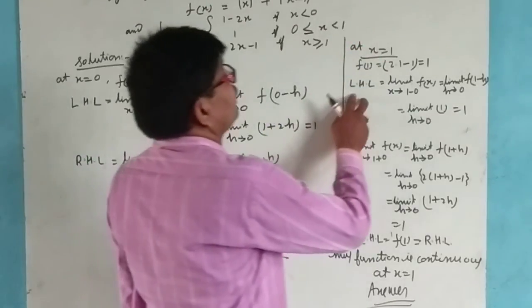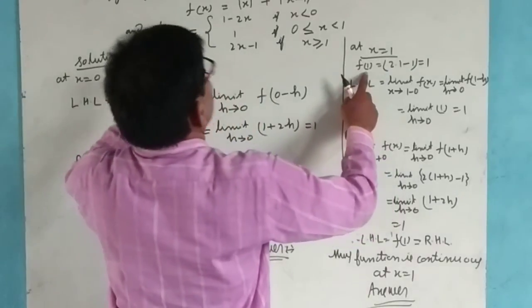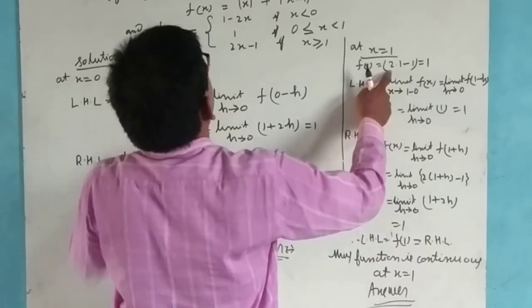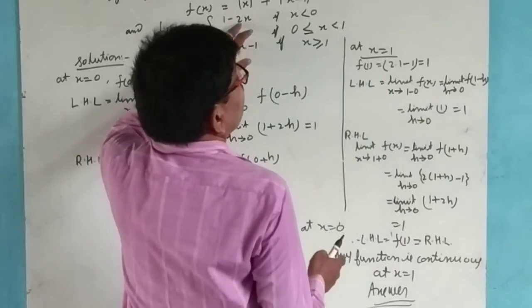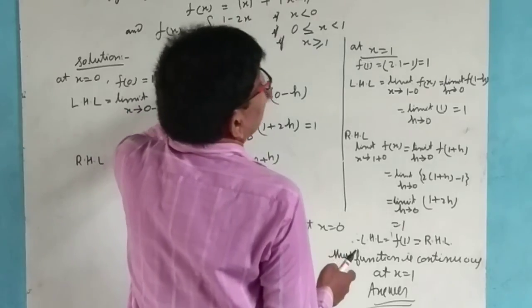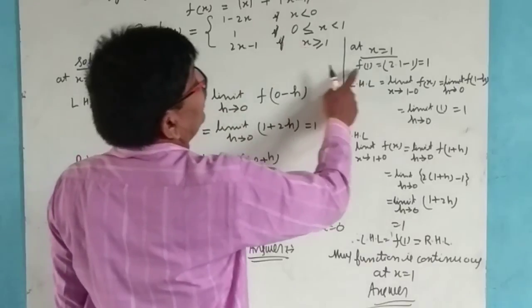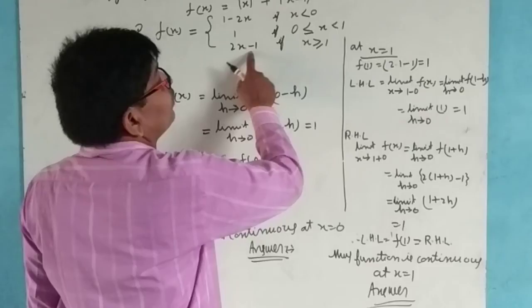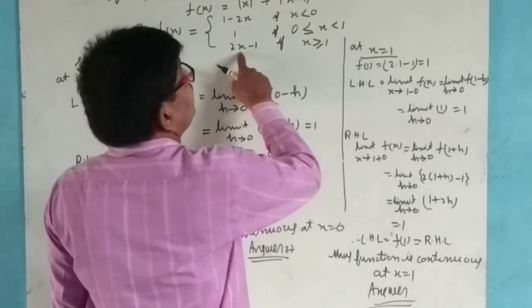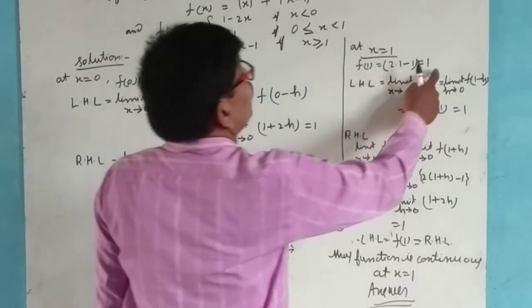Now at x equal to 1, f(1) is given by 2x - 1, so 2 into 1 minus 1 is equal to 1.